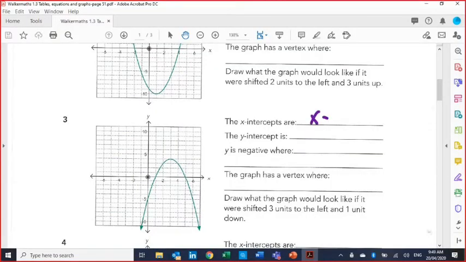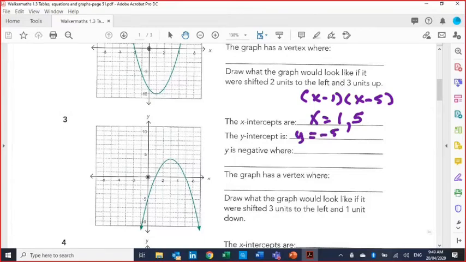So x is equal to positive 1, and the other intercept is at positive 5. Now remember, if you were going to put those in the brackets, you would have to change those signs. Putting those intercepts into the brackets changes the signs. The y-intercept is simply the place where it crosses the y-axis, and that happens where y is negative 5.